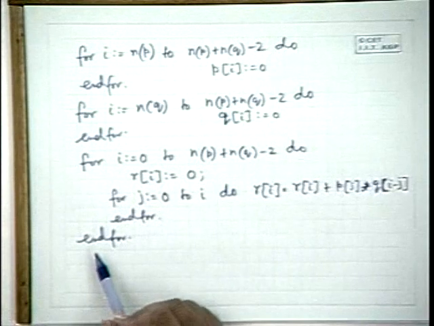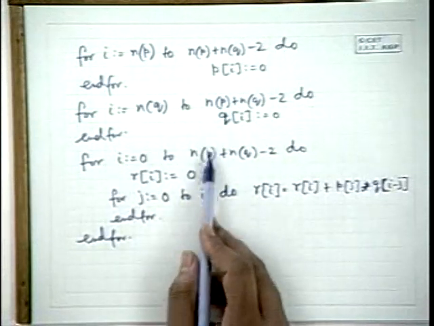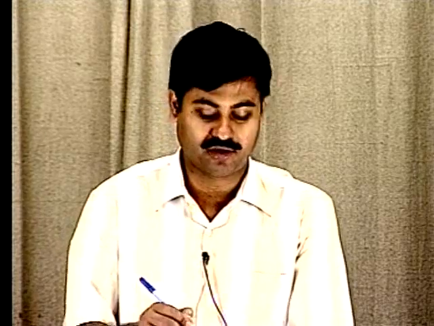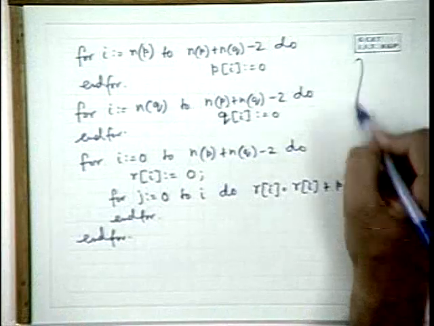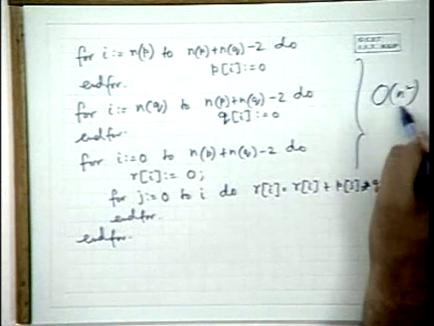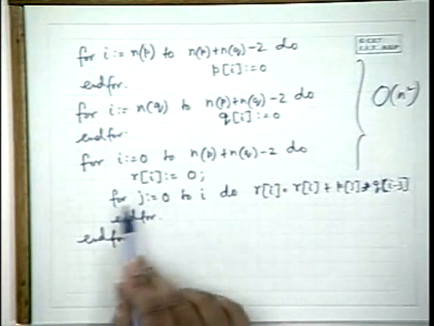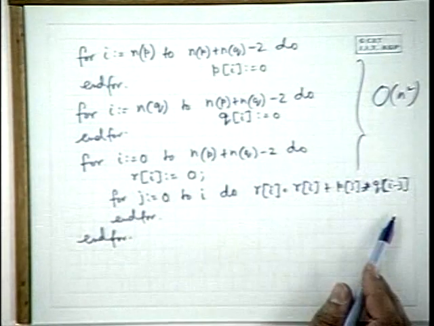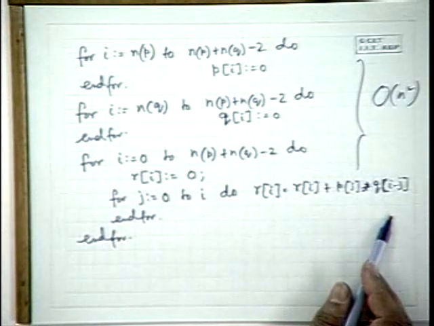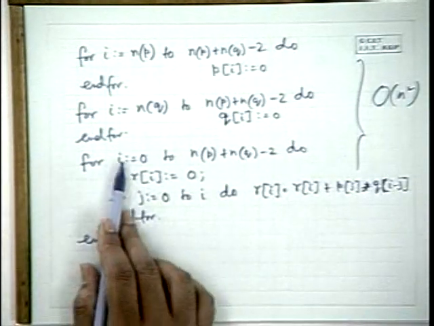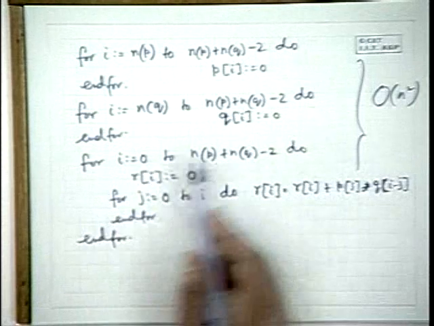And you can see how much time it takes. If I do this multiplication in this fashion, the time it takes is straightforwardly order of n squared, because this loop in the worst case can run n over 2 actually, or n, and this is already running almost n, so order of n squared.